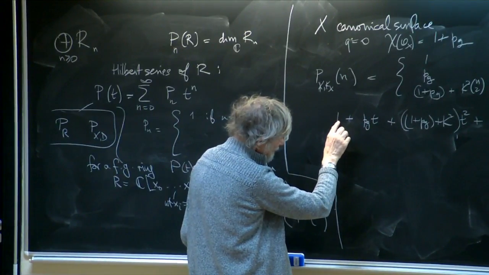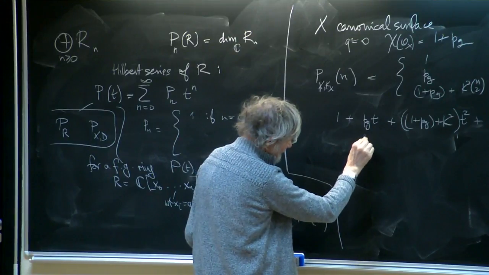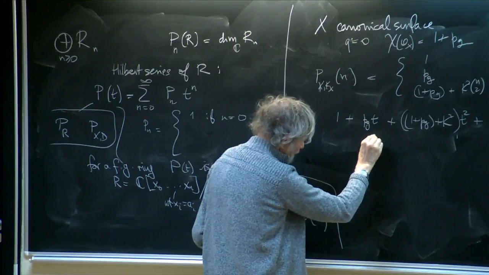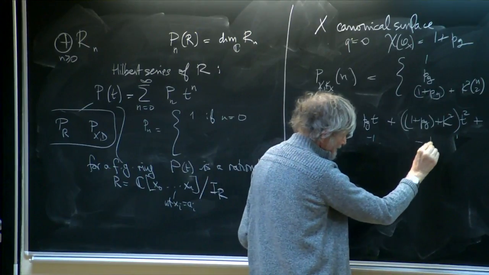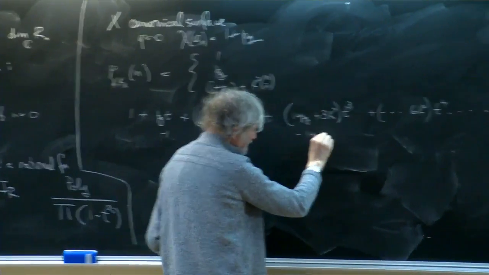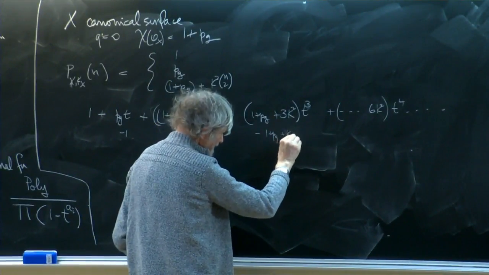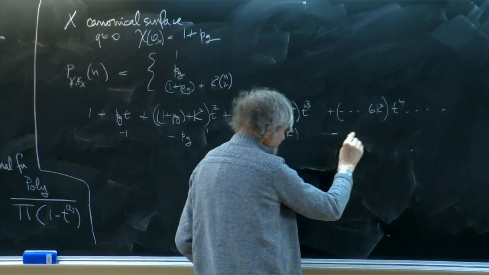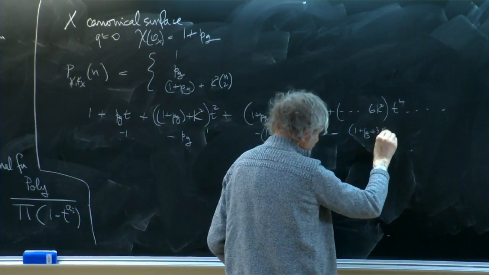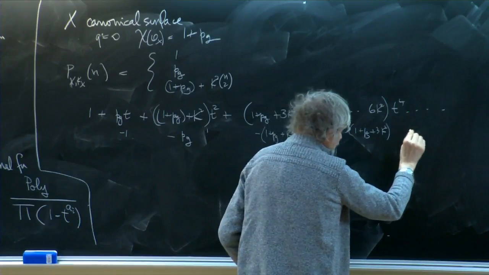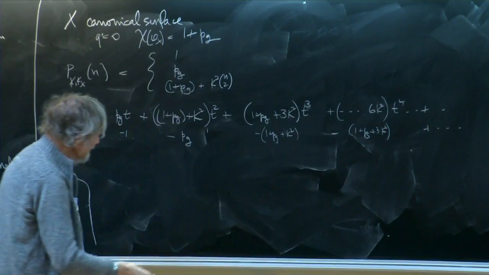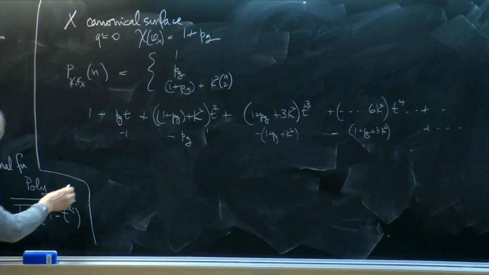So if I do pg minus 1, and then minus pg here, and then minus 1 plus pg plus 2k squared, and then minus 1 plus pg plus 3k squared. You can imagine doing this indefinitely, but this just simplifies things very much.